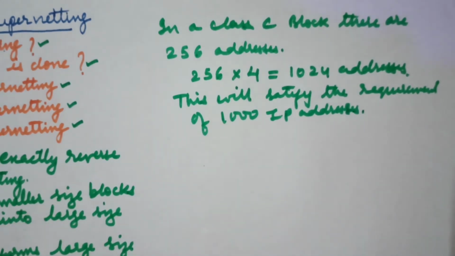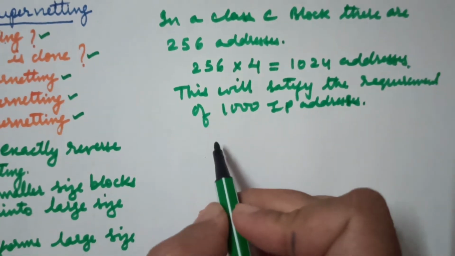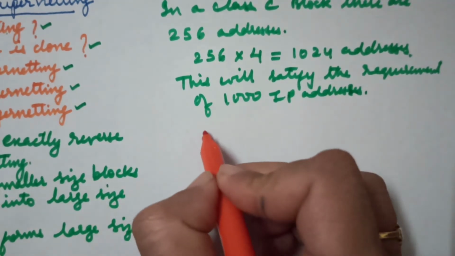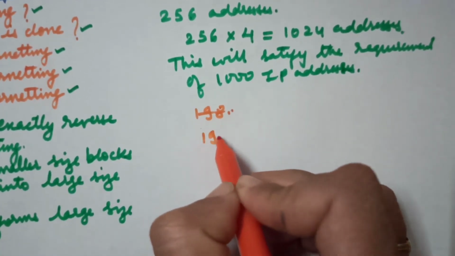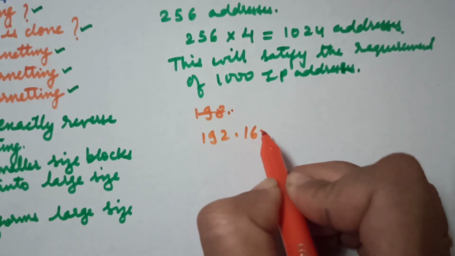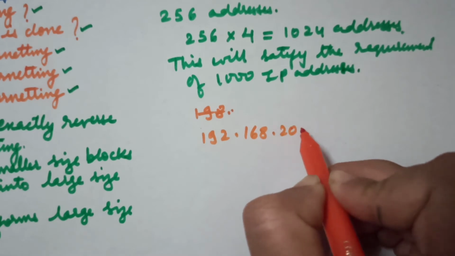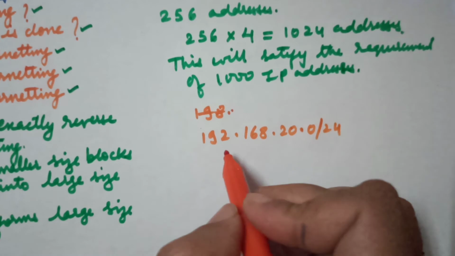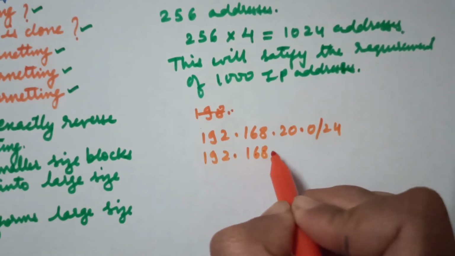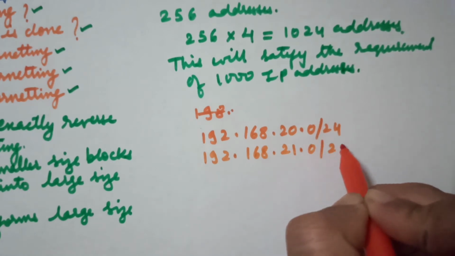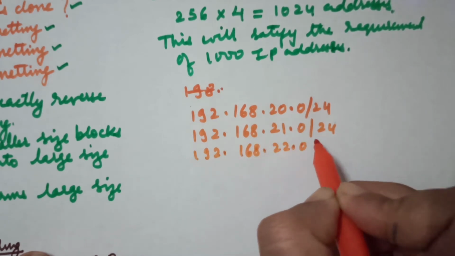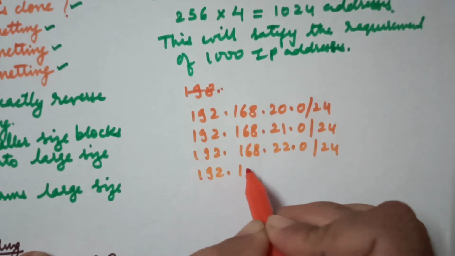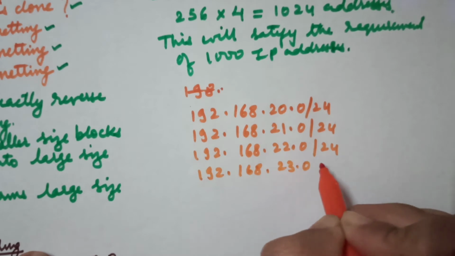Now let us consider the 4 Class C blocks with the subnetwork addresses as 192.168.20.0/24, 192.168.21.0/24, 192.168.22.0/24, 192.168.23.0/24.